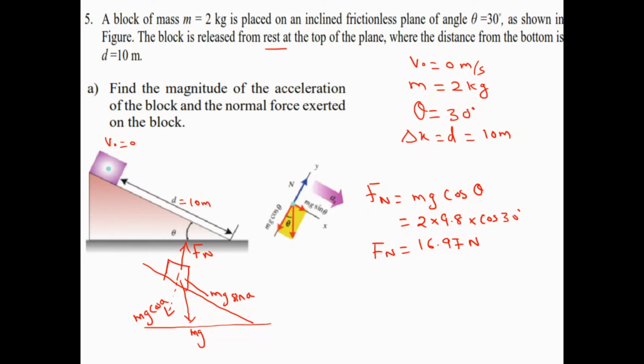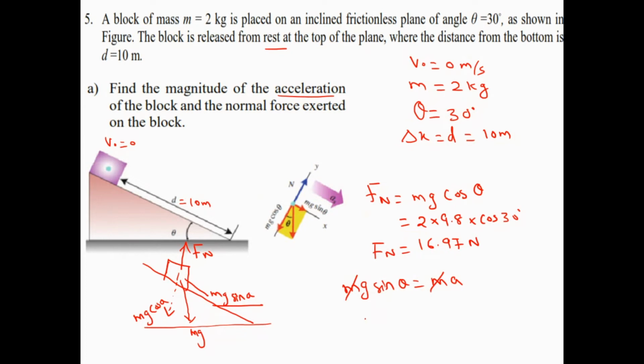And we have to find the magnitude of the acceleration also. Because the acceleration is in the mg sine theta direction, I have to equate this term in the direction of mg sine theta. Therefore the answer for the second part is mg sine theta equal to ma. I can just cancel the mass on both the left hand side and the right hand side.